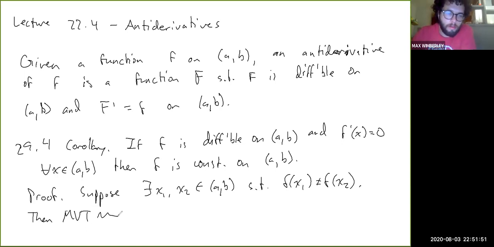So the mean value theorem tells us that between x1 and x2, there exists a point where f prime equals whatever the average slope is.